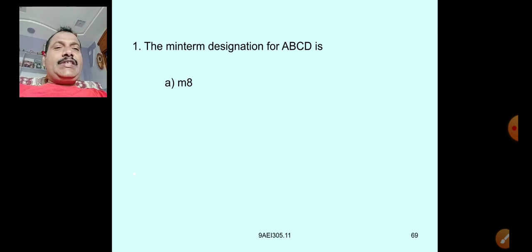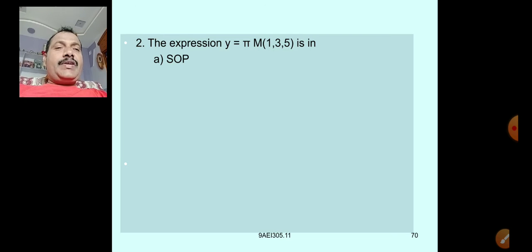The minterm designation for ABCD is which one? M15. The expression y equals pi capital M 135 is in, because pi M means POS form, product of sums form.